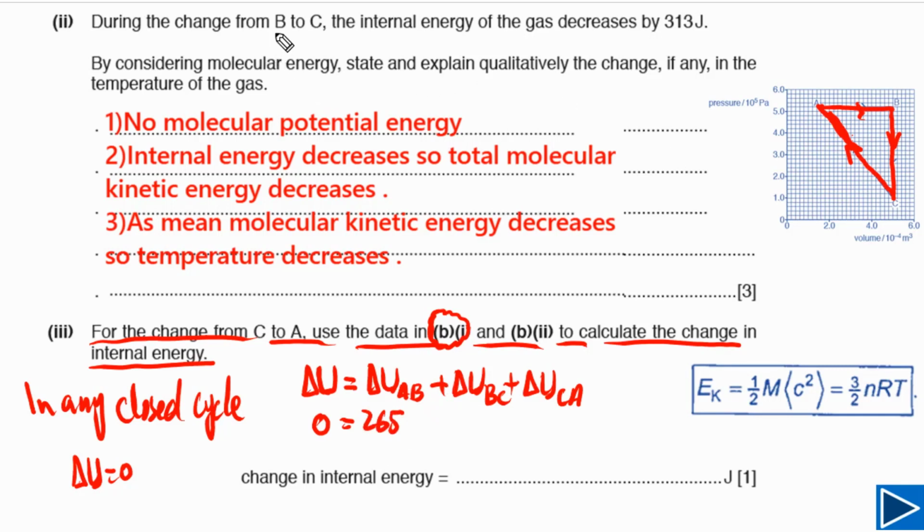From B to C, it is given to us here, and this is negative because internal energy decreases, so we can plug in this value. And we need to calculate delta U from C to A. If we solve this one, we get the change in internal energy from C to A equal to 48 joules, and this is our answer.